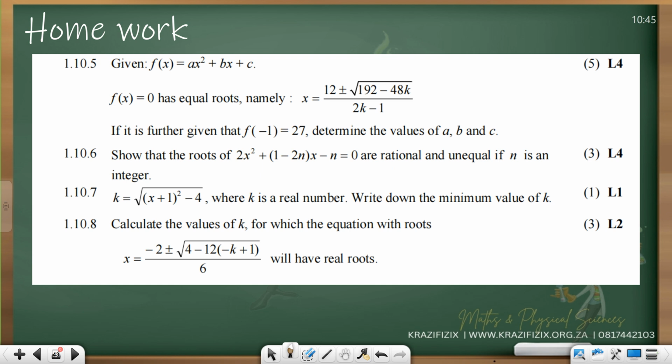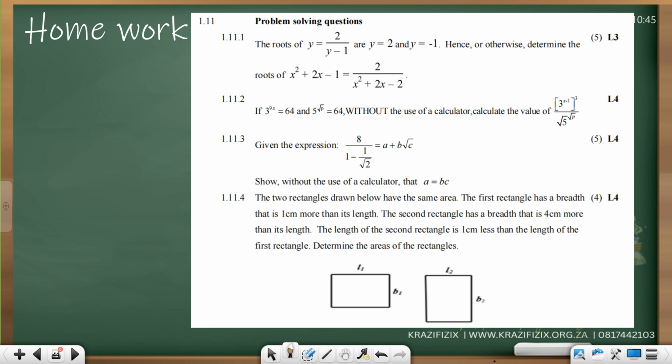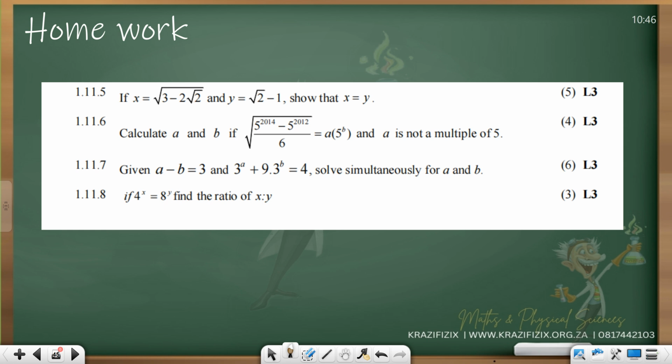Next. Next. Next. It's a lot. This is for serious people.